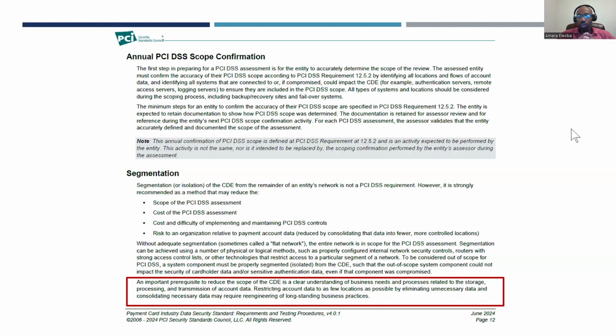You might run into a situation where you discover new things, new environments, or new servers, or new systems that were not there before. So it is very important that business processes are understood. Restricting account data to few locations is very good, because then you eliminate unnecessary data and consolidate necessary data.